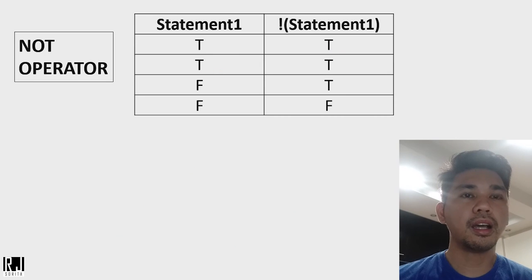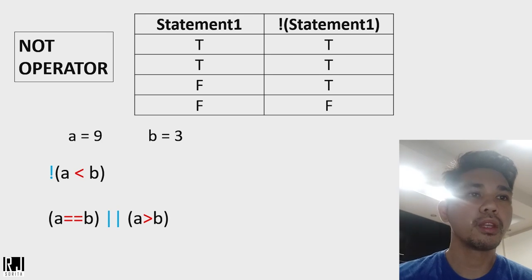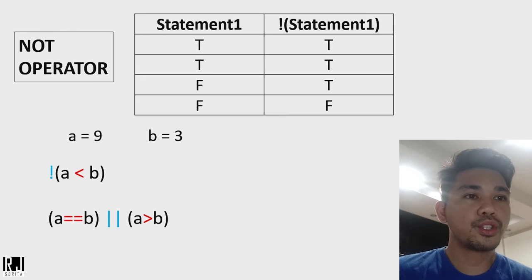Lastly, the not operation, it only consists of one statement. So like I've said, it flips the truth value of a statement. So let's have an example. You have 9 and you have 3, A and B. So the question is, is A less than B?